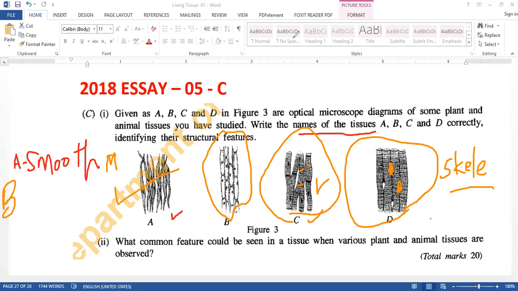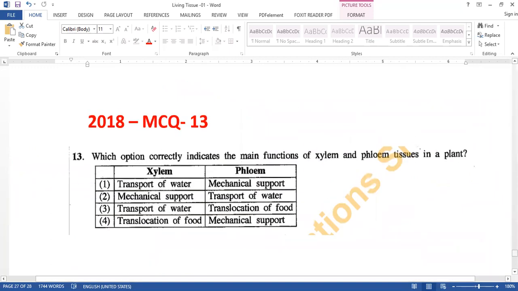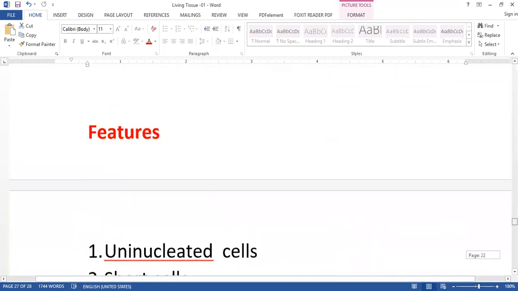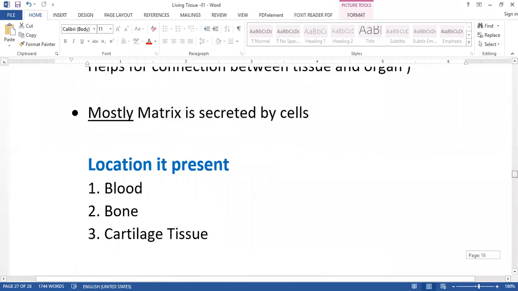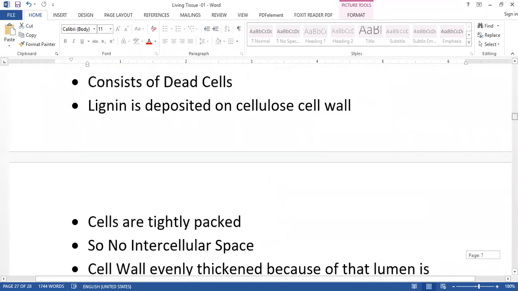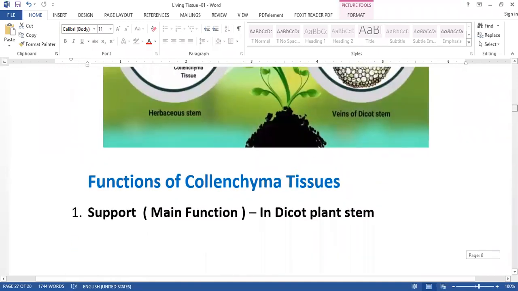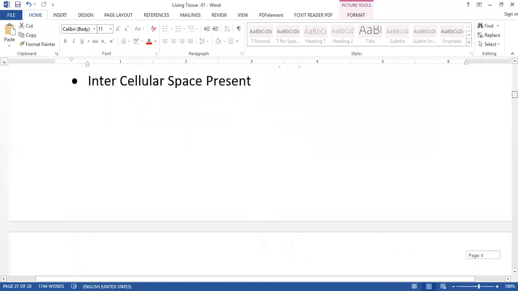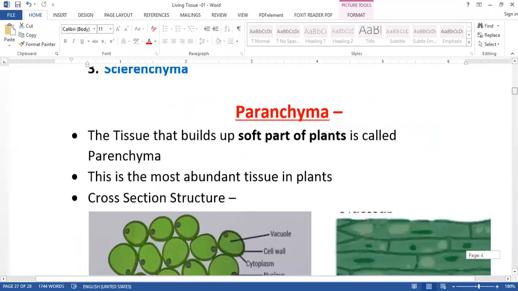What about B? B is what? Parenchyma tissue. Yeah, parenchyma. What you have to know about the parenchyma tissue is that we have studied both types of pictures: the cross section picture, and also the longitudinal section picture.